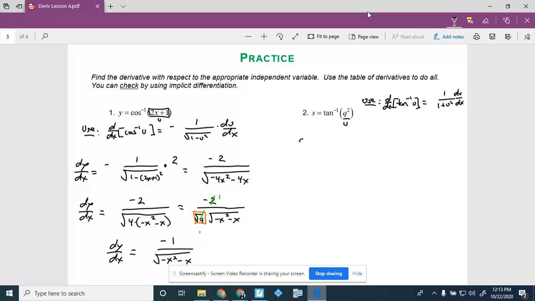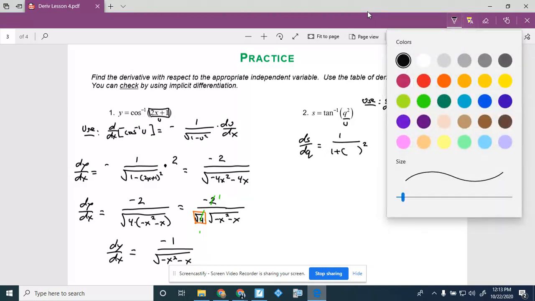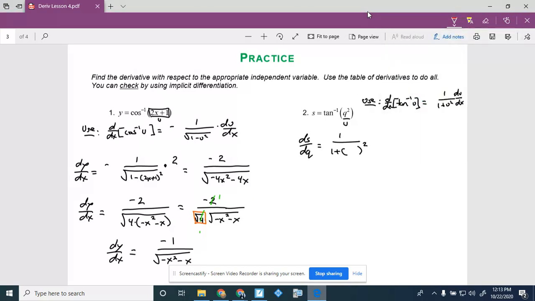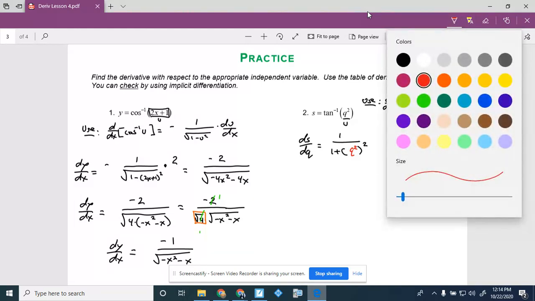So here we go. Let's do ds dq now. Arc tangent of stuff is going to be 1 over 1 plus u squared. Now your u, guys, is q squared, so it's going to be 1 over 1 plus q squared squared, and then times the derivative of stuff, the derivative of q squared with respect to q.